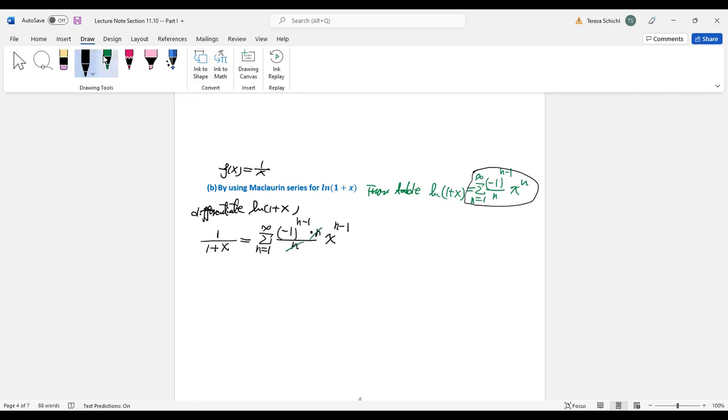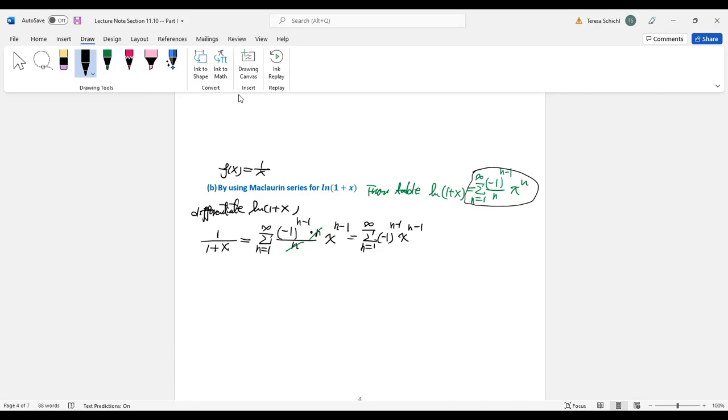So now you will get 1 plus x is equal to the summation n from 1 to infinity of negative 1 to the n minus 1, x to the n minus 1, right?